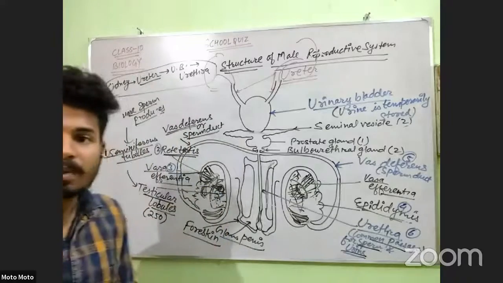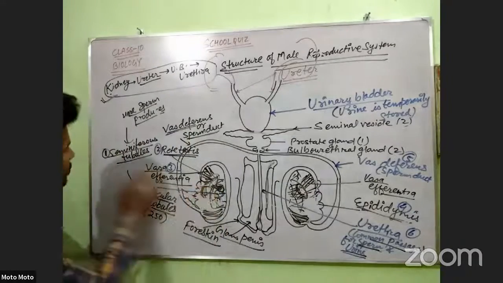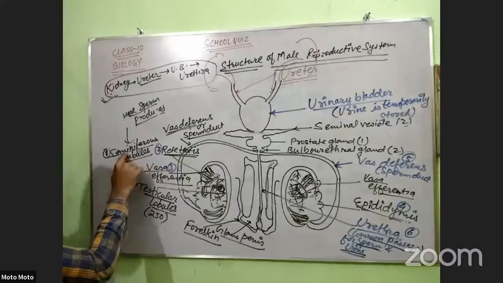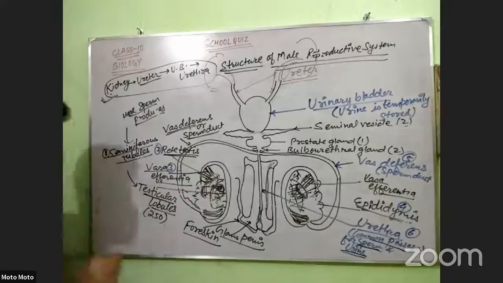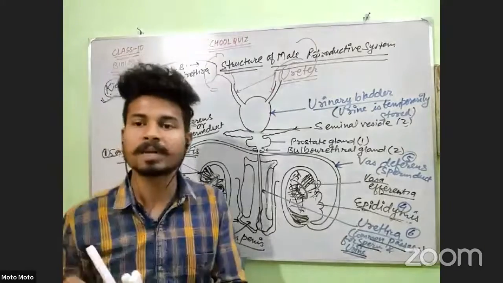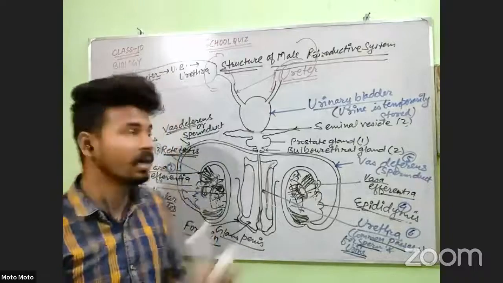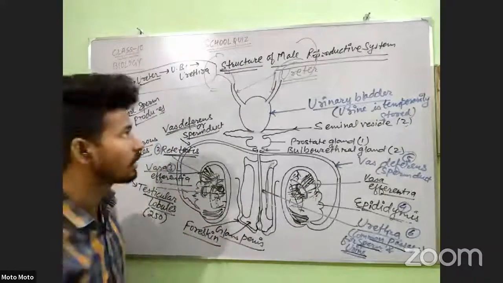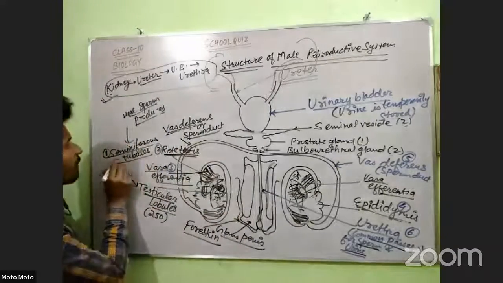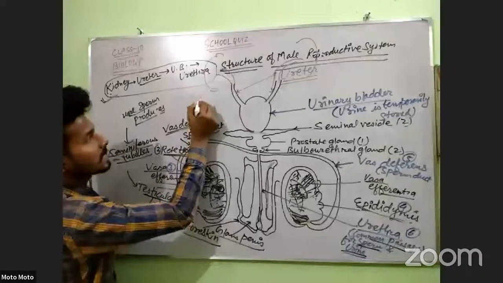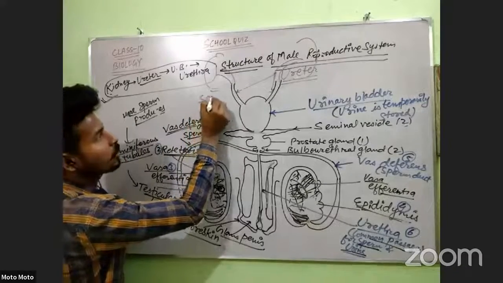Sperm is made in the seminiferous tubule, and the seminiferous tubule contains a cell that I haven't talked about yet, named the Sertoli cell.